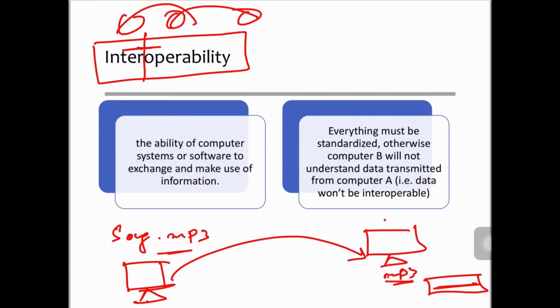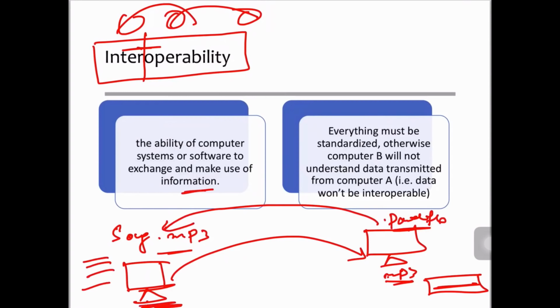Similarly, if you have a PowerPoint file and you share it with me, and as I have PowerPoint installed on my computer, I am able to see your file. This is called interoperability: the ability of computer systems or software to exchange or make use of information.